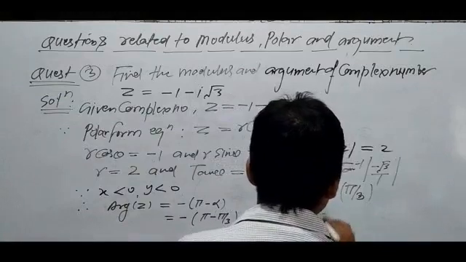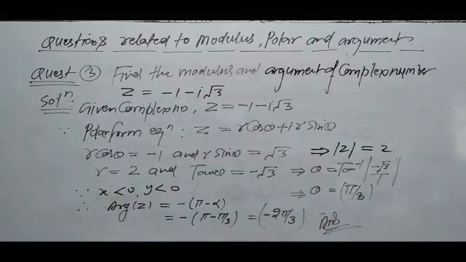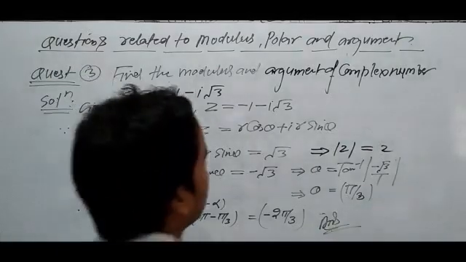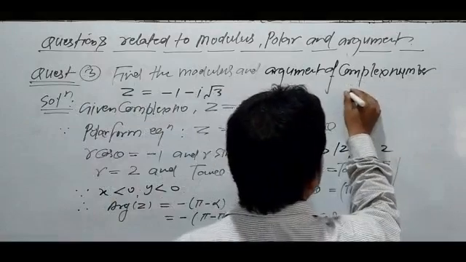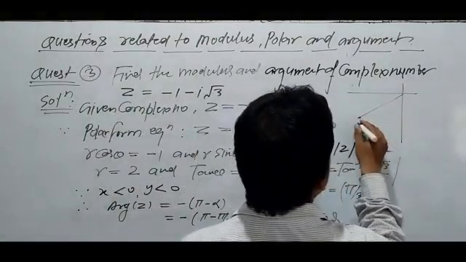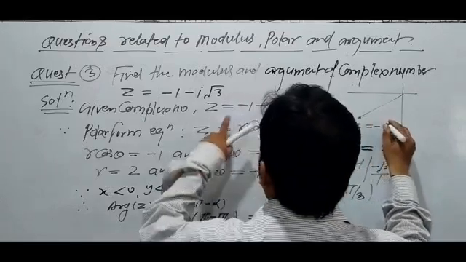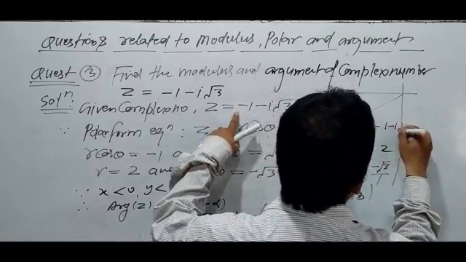Now, this is the answer. This is question number 4. Again, see the explanation on the graph. This is z, and the z value is minus 1 minus I times root 3.